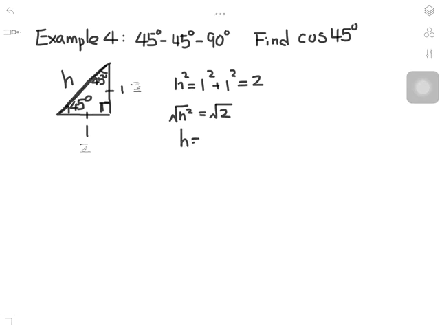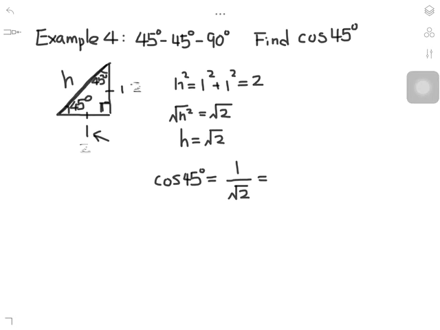So this way I can write out cosine 45 equals, what's cosine 45? Cosine is adjacent over hypotenuse. And do you remember for this, we have to rationalize. We don't keep the denominators as an irrational number.